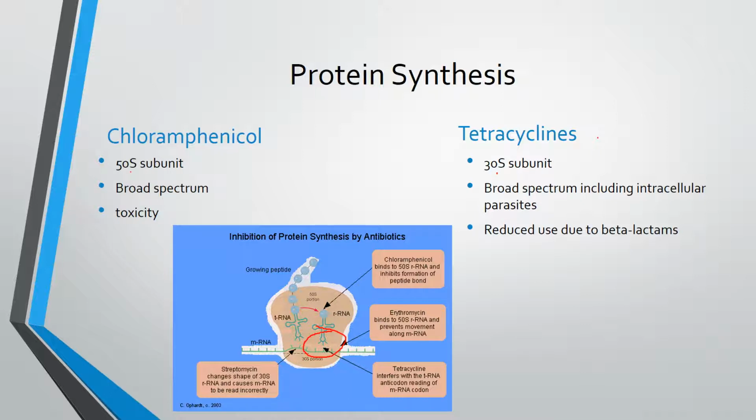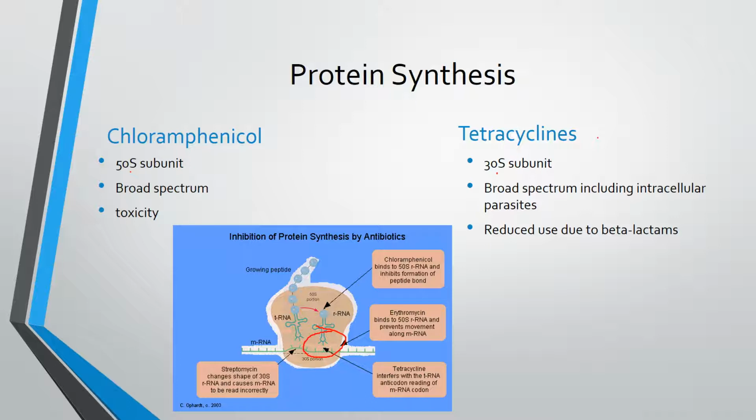And more targets for protein synthesis. We have lots and lots in this group. You have chloramphenicol. Chloramphenicol binds, again, the 50S subunit. What it does, when it binds, is prevent the elongation.